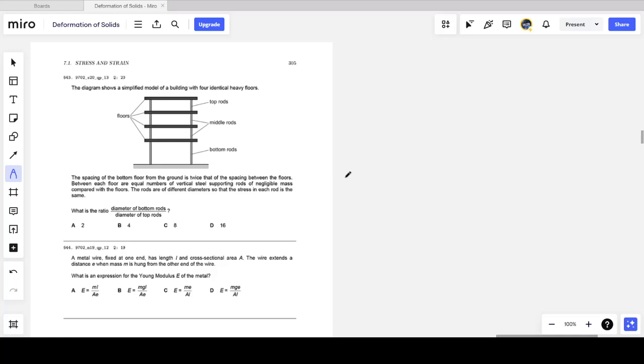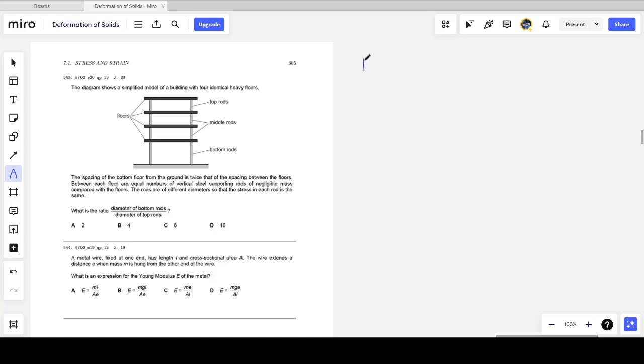So all of the rods have the same stress, and in order to do that, they change the diameter slightly. So some are wider than the others. So what I want to do is figure out the force acting on the bottom rods, then the force acting on the top rods, and then work out their relative areas. Because if I know the areas, I can find the ratio of the diameters.